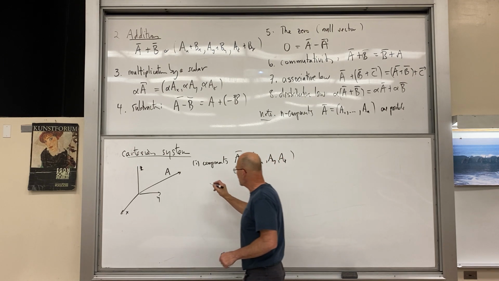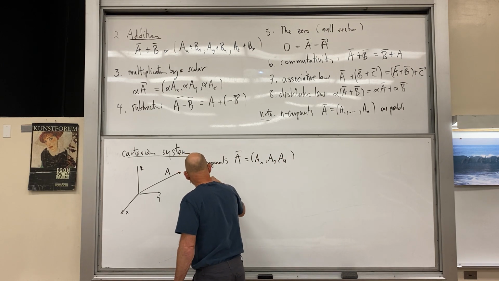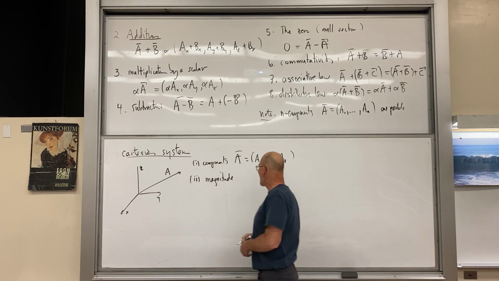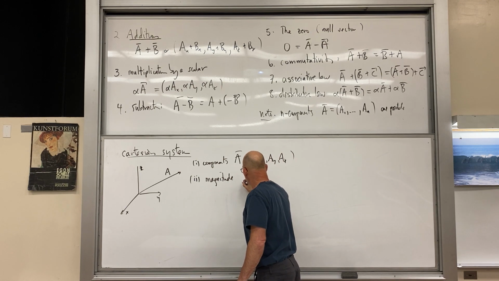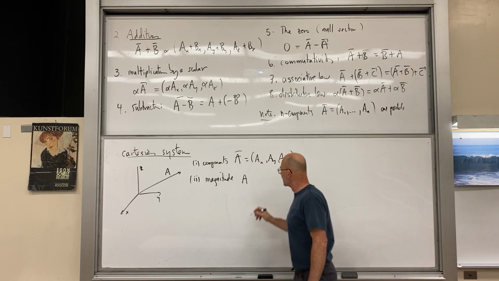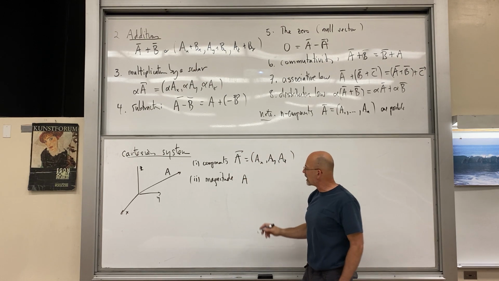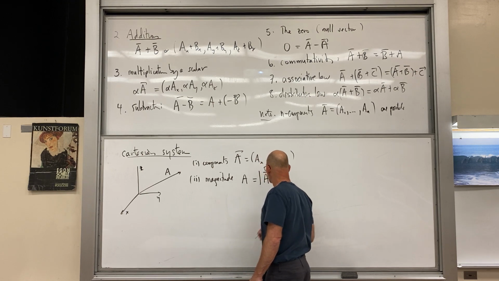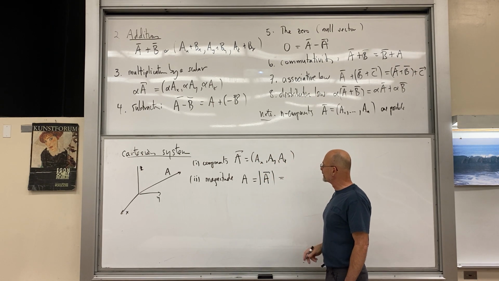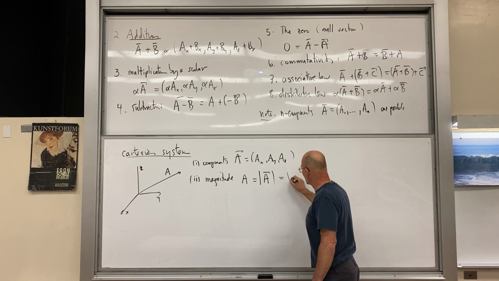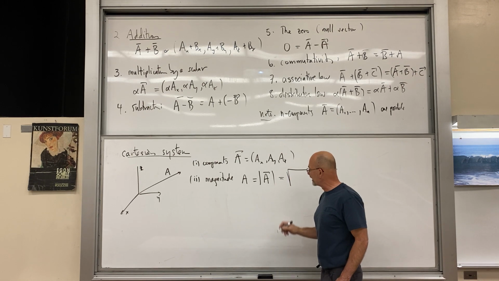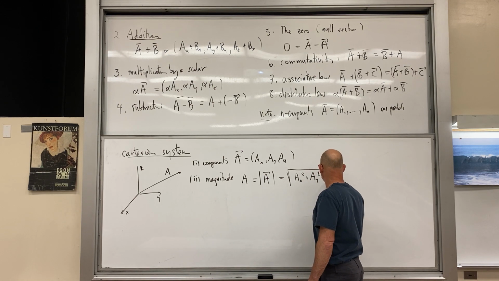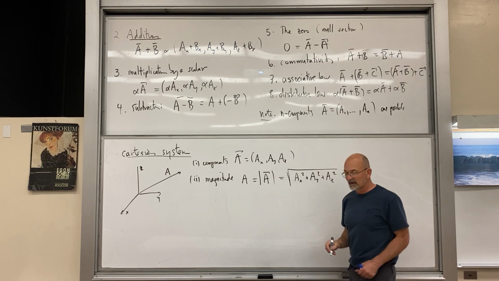We then want the magnitude of a vector, we can just take the letter without the arrow on top. Okay. So that's the magnitude, and since we're in Cartesian coordinates, we just have the square root of ax squared plus ay squared plus az squared.